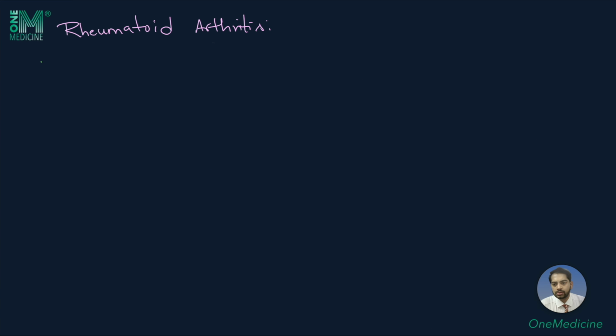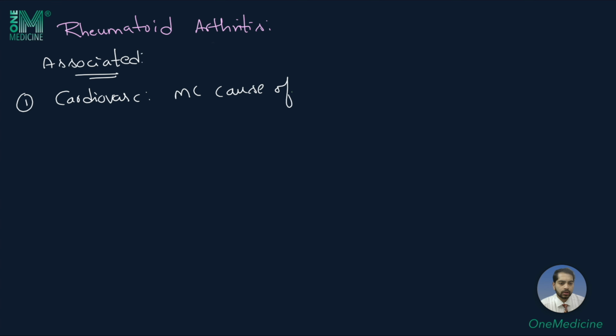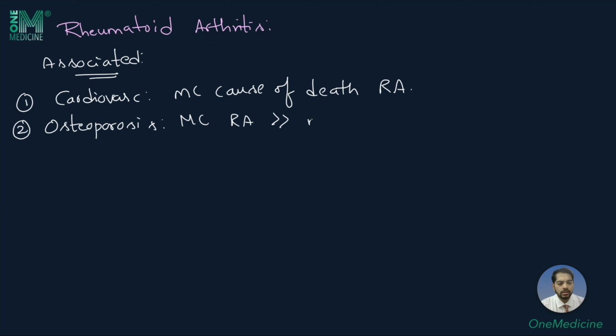Let's look at some of the associated conditions of rheumatoid arthritis. Cardiovascular diseases are the most common cause of death in cases of rheumatoid arthritis. Osteoporosis is more common in patients with rheumatoid arthritis than in normal population.